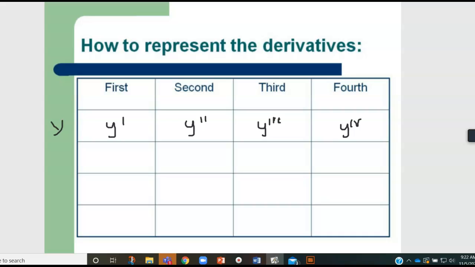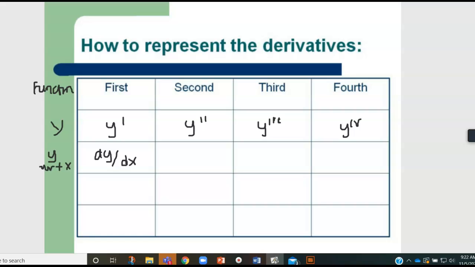We like to talk about it in terms of function notation. The most common form is Leibniz, which is we're taking the derivative of y with respect to x. So if you're taking the derivative of y with respect to x, then this becomes dy dx.